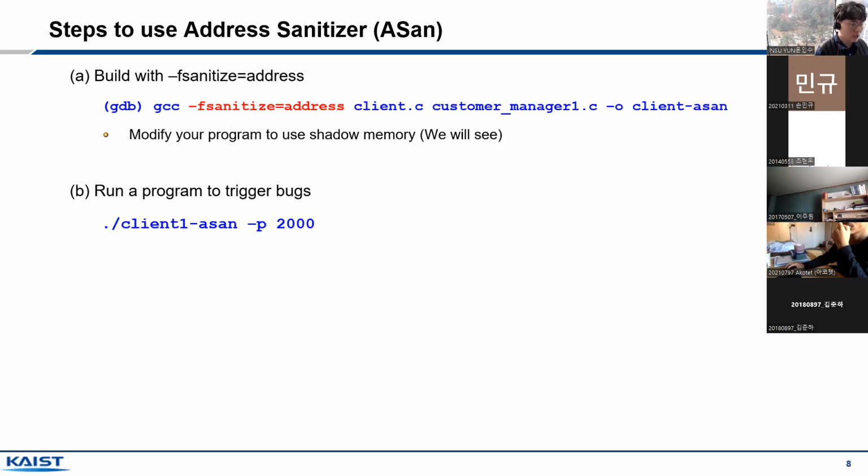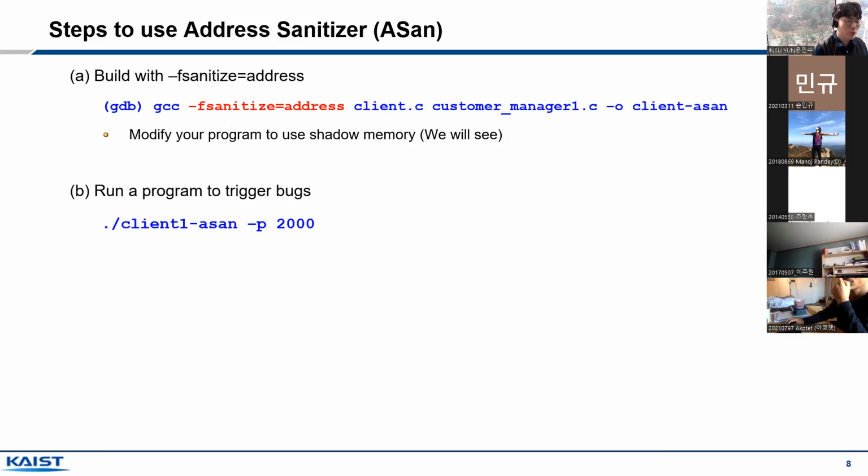We will explain what a shadow memory is, and then we make our program check whether there is a memory error or not. This is a technique we call instrumentation. So what the sanitizer first does is instrument your program to change its behavior to detect a memory error.